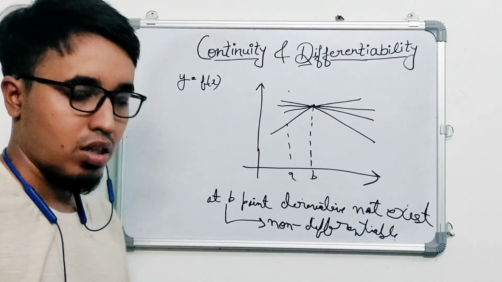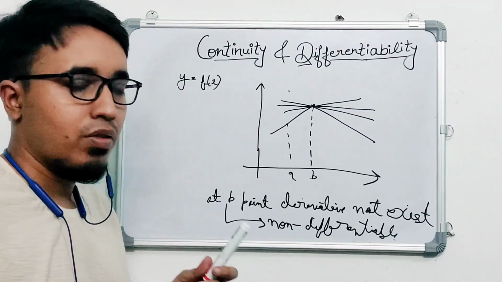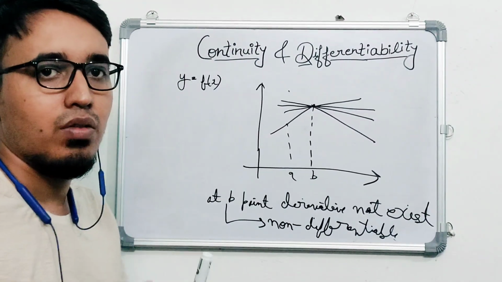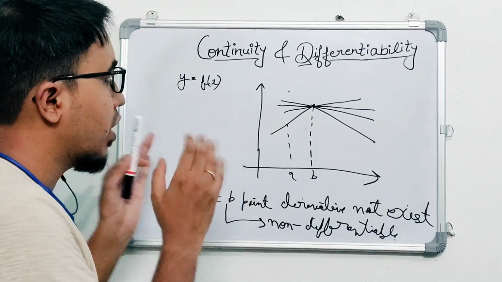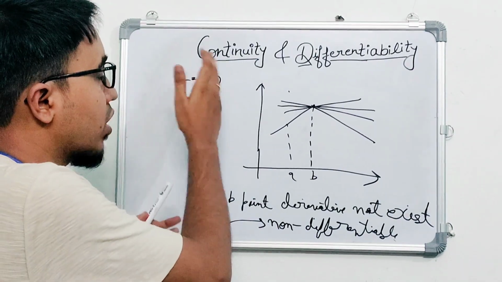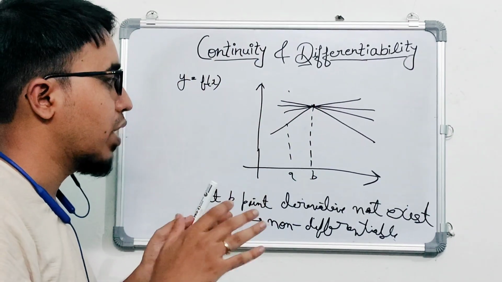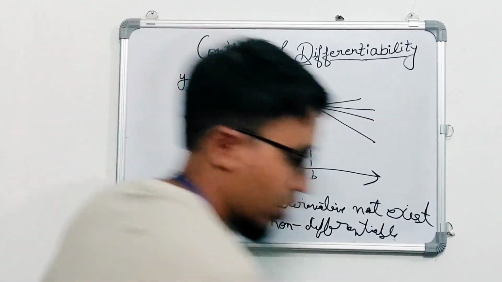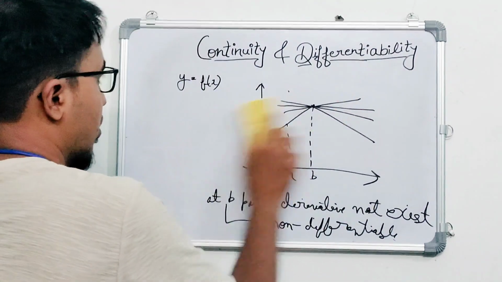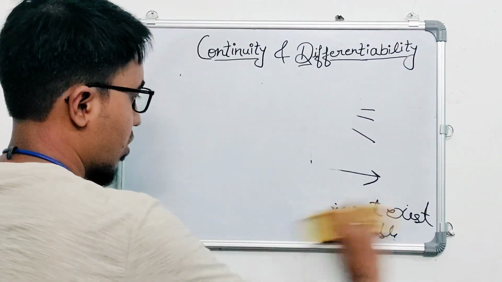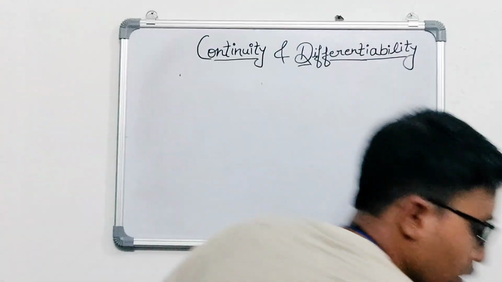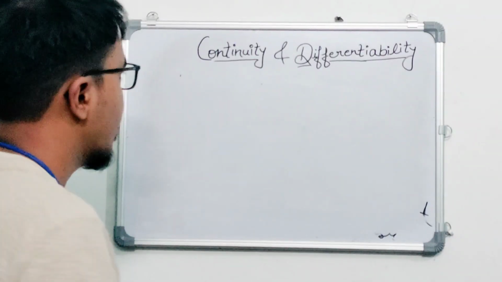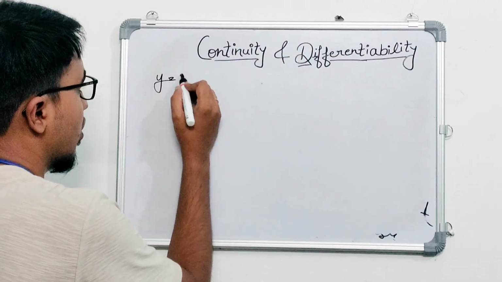Now I will give you a simple example with the help of which you will be able to understand both the concepts of continuity and differentiability in one example. Suppose we have the function y equal to mod x.